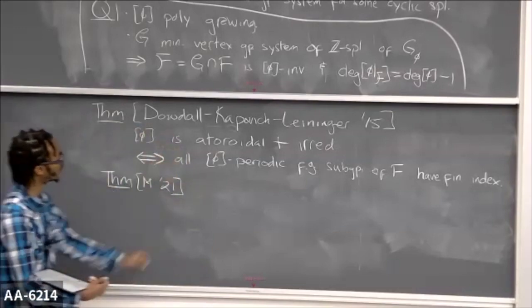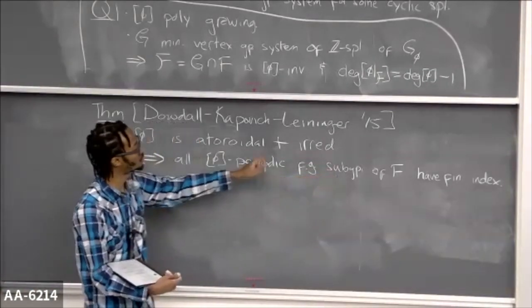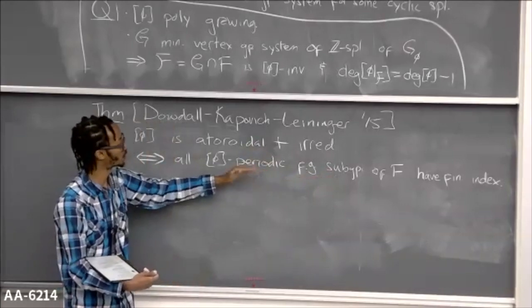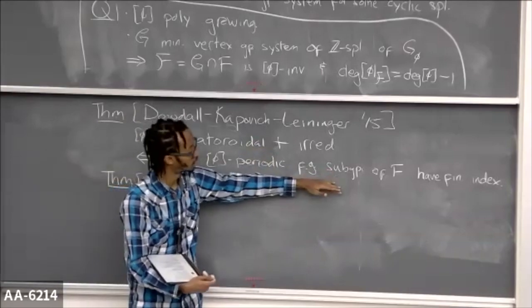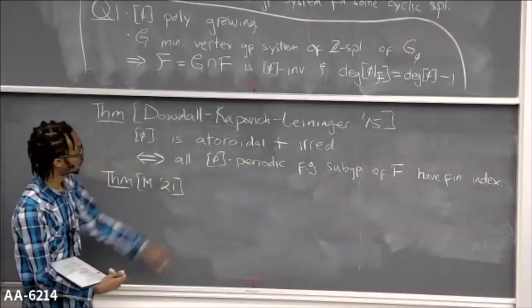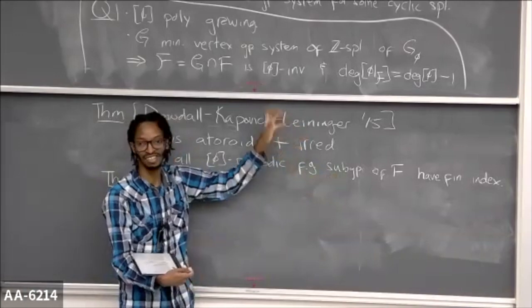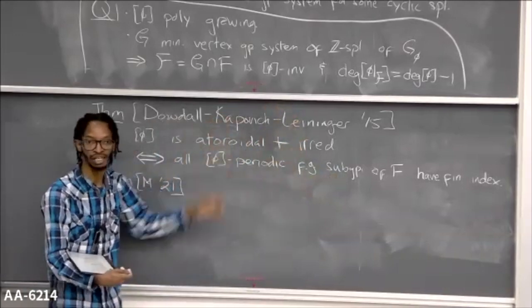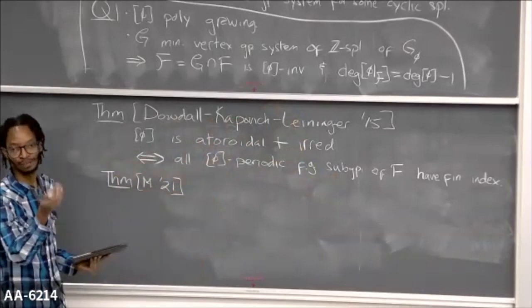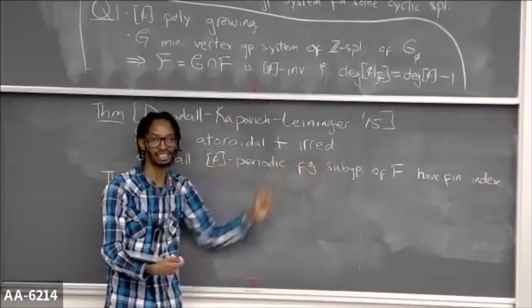But essentially, if you have a periodic finitely generated subgroup, then you can pass to a power and assume it's fixed. And if you restrict the automorphism to that subgroup, then you can consider its mapping torus. And so having periodic finitely generated subgroups gives me free-by-cyclic subgroups in G phi. And I proved that's an if and only if. If you have a free-by-cyclic subgroup in G phi, then that corresponds to some phi periodic finitely generated subgroup.